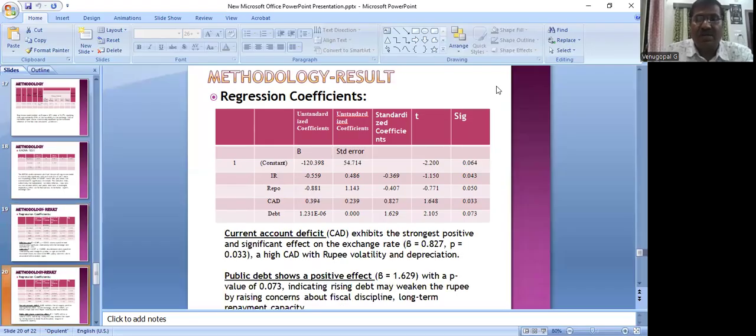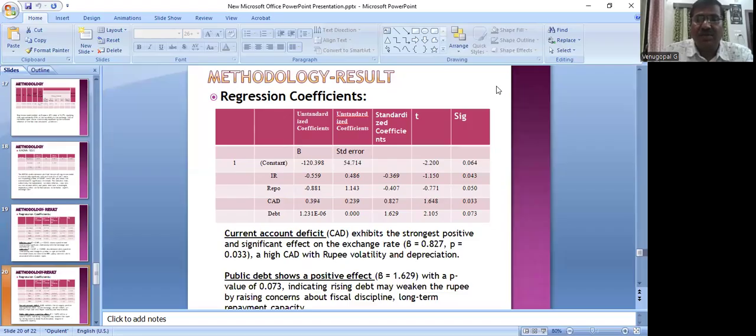The third result, current account deficit, exhibits a strong positive and significant effect on the exchange rate. Beta is equal to 0.827, p is equal to 0.033. A high current account deficit comes with rupee volatility and depreciation.